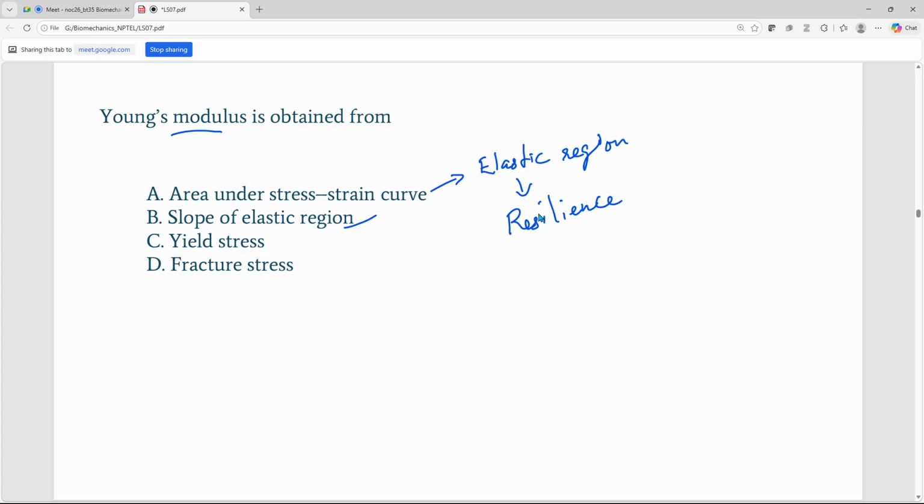Beyond the elastic region it gives toughness. So this is what you get from the area under the stress strain graph: in the elastic region it gives resilience, and beyond the elastic region it gives toughness.